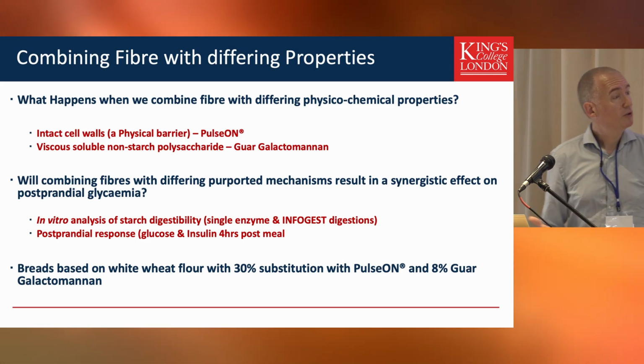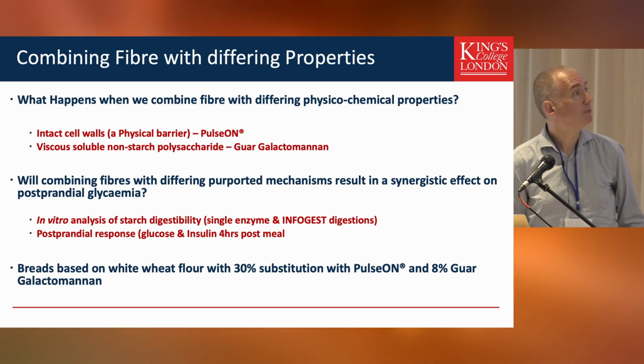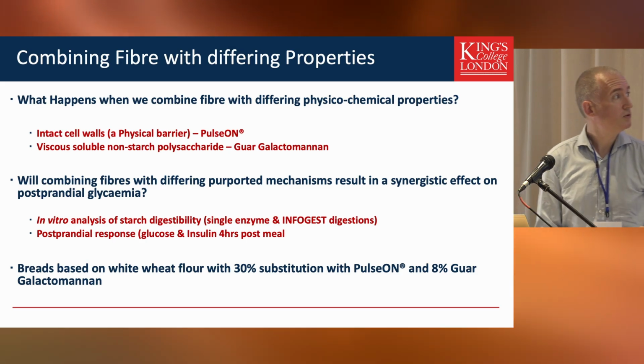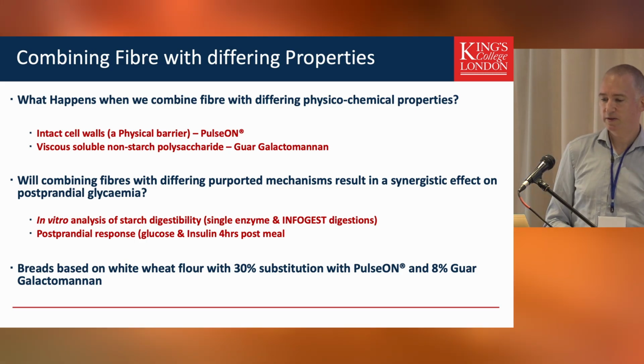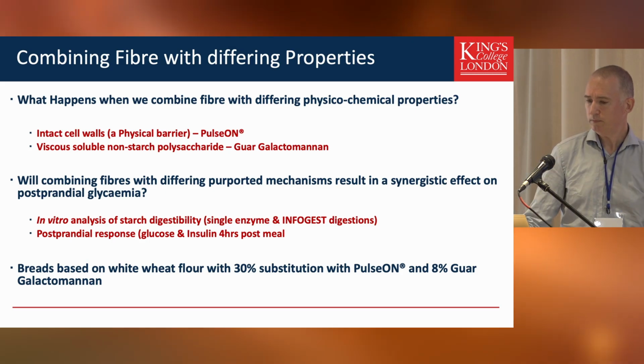So mostly what I talk about today is what happens when you combine fibre with different physicochemical properties. So our intact cell walls from our Pulson chickpea powder, and a viscous soluble non-starch polysaccharide, the guar galactomannan.